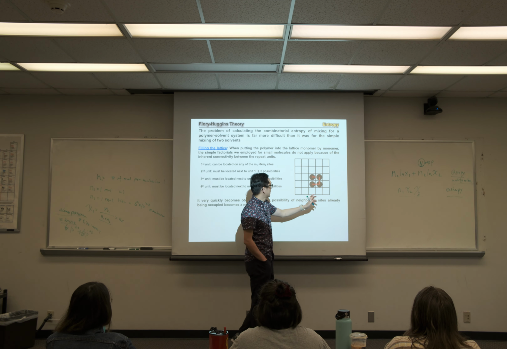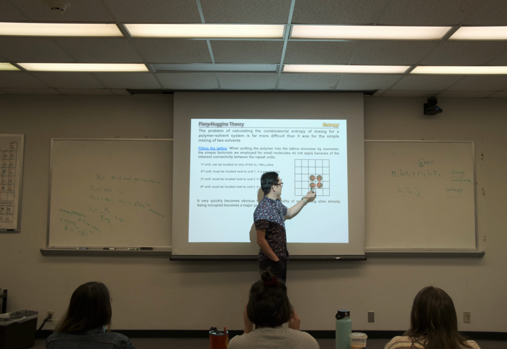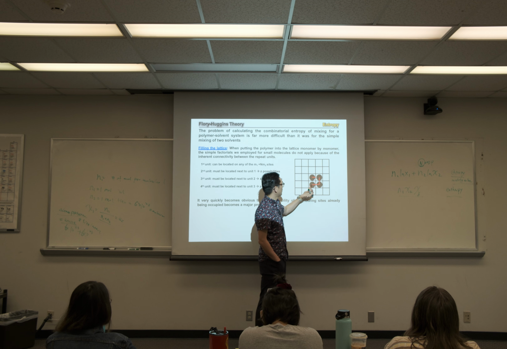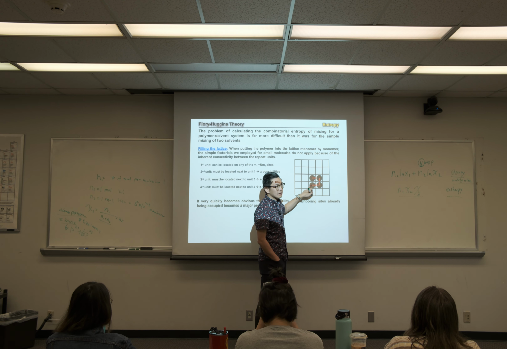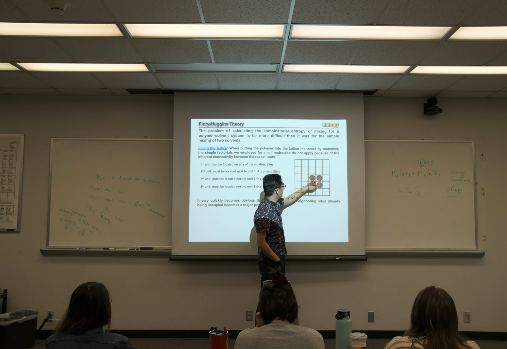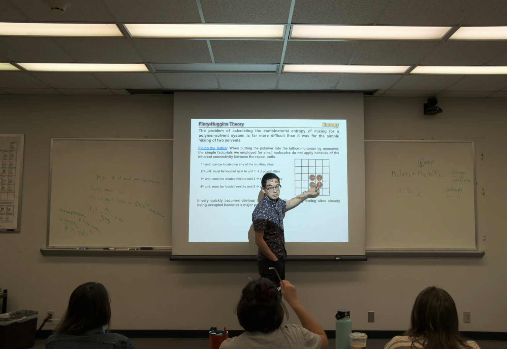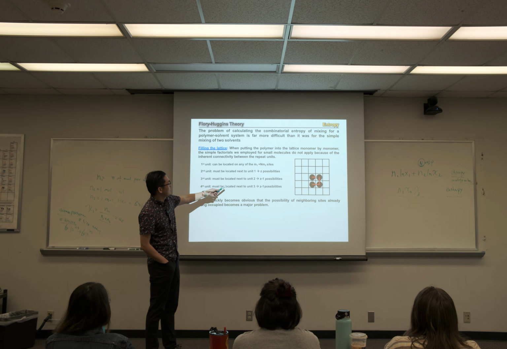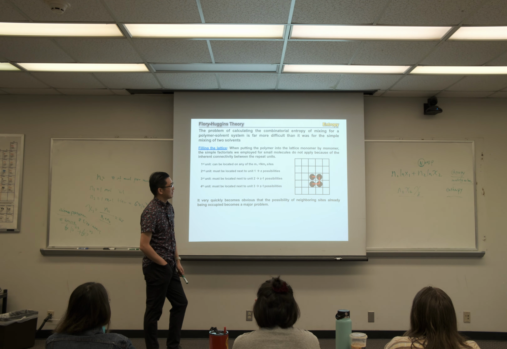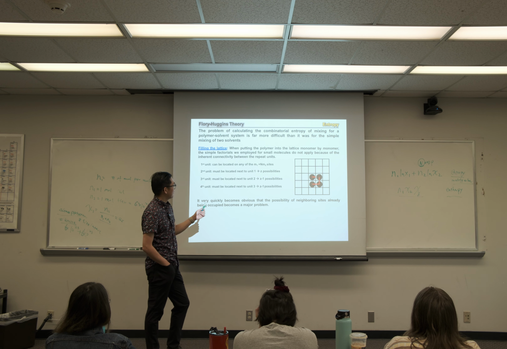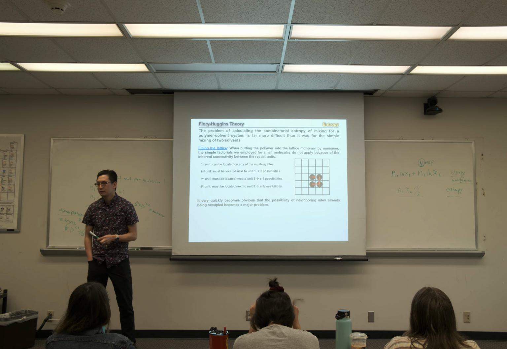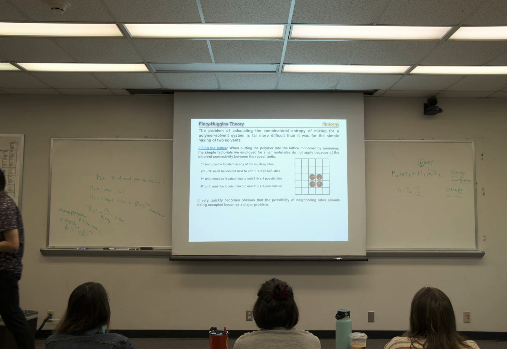So when you put the first one, let's assume this would be the first one, you can pick anywhere, but when you fill this one, the second polymer unit has to be one of those 4 because it has to be connected. Otherwise, it's not a polymer. So on and so forth, and the next one will have Z minus 1 possibilities. So you can see every single unit will be restricted when we think about the polymer filling the lattice.